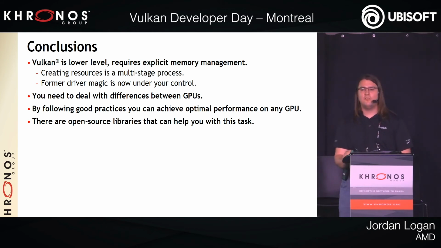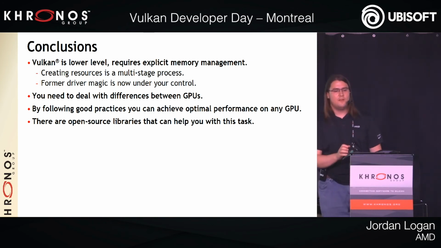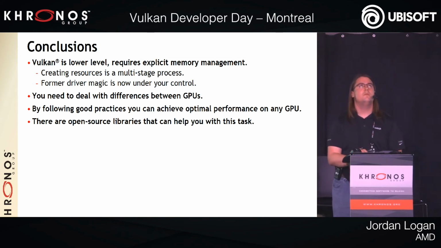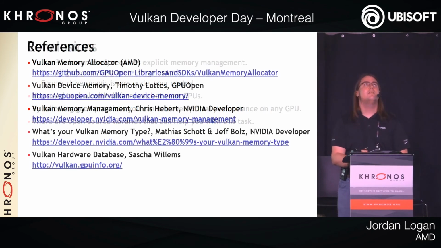But it's pretty simple to keep the code very simple and follow some basic practices, and then you can get very optimal performance on a GPU. And of course, there are open source libraries to help you out with this.